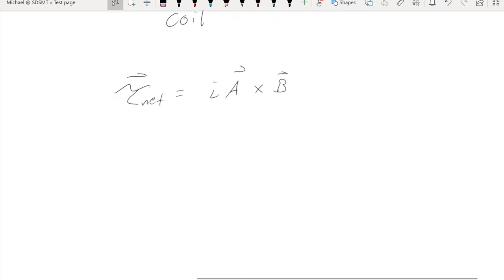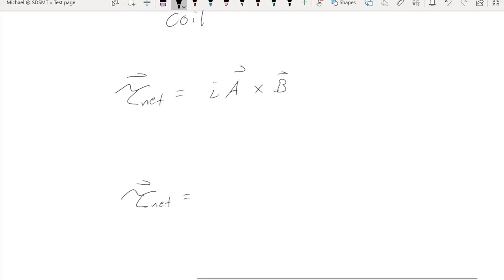And we're really close to having an expression similar to what we had for the electric dipole. I'm not going to review the electric dipole. You can do that on your own time.